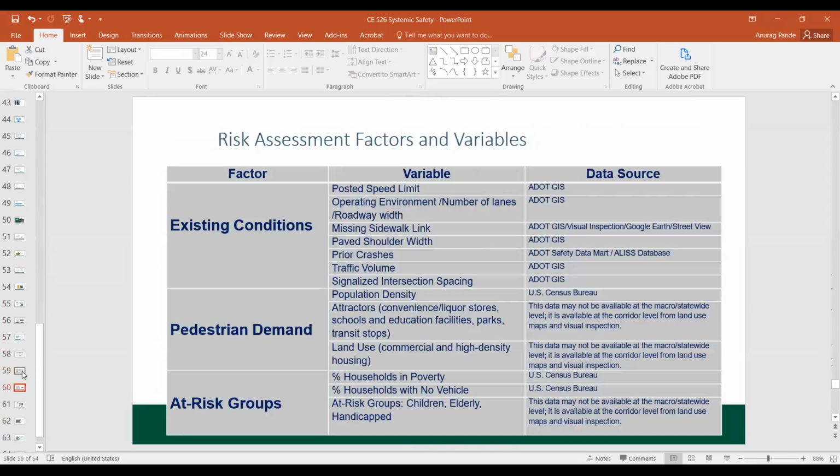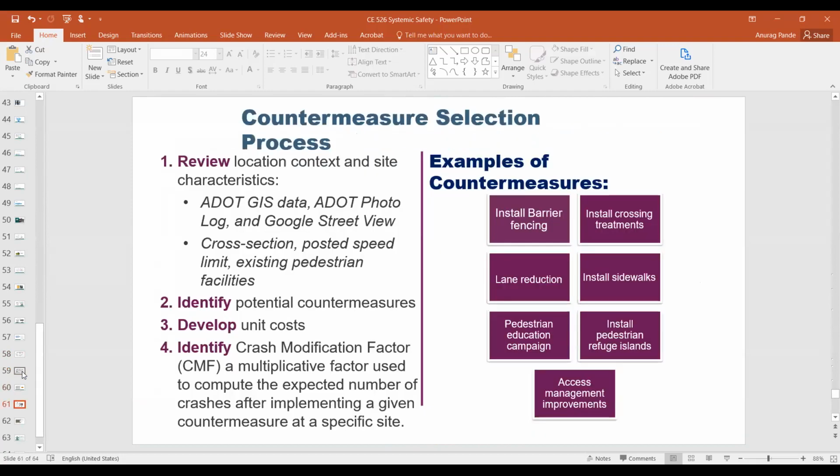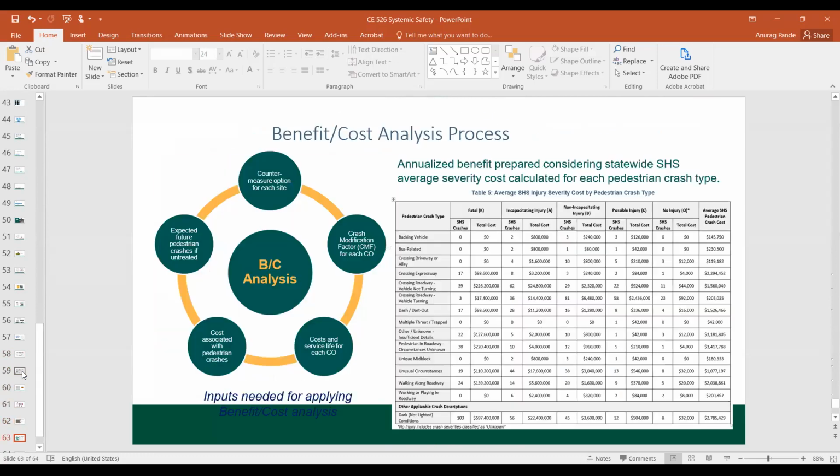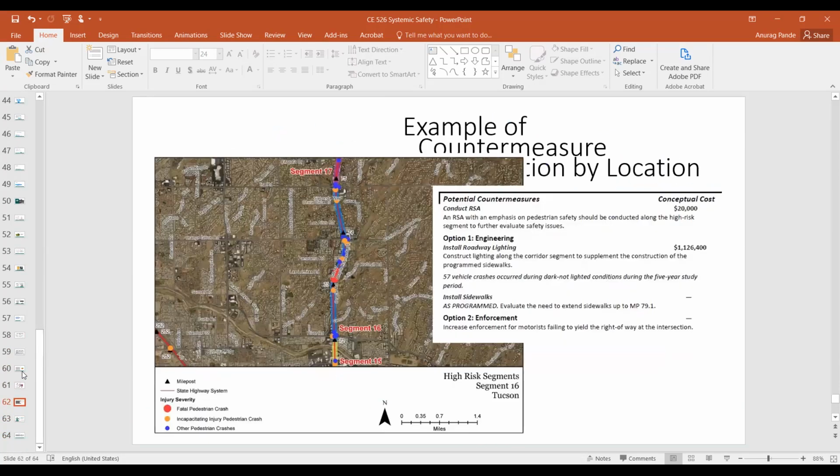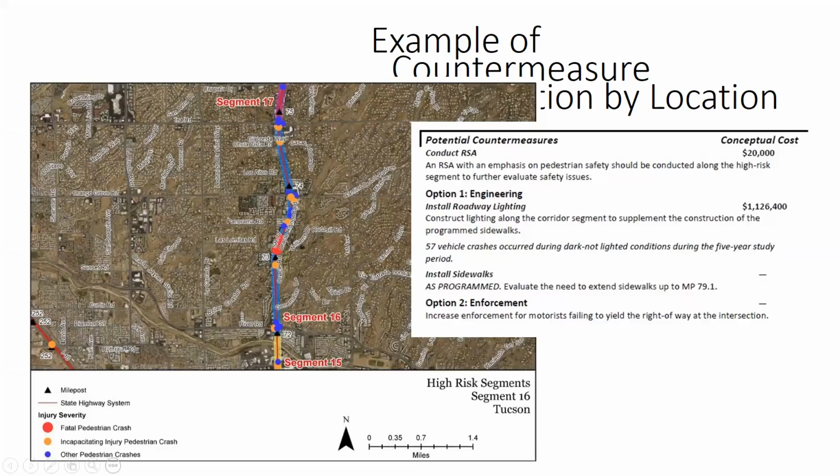You might want to look at that as well. They are basically doing what we talked about right now, and they talk about benefit-cost analysis, and also about how they conducted a road safety audit as a countermeasure.